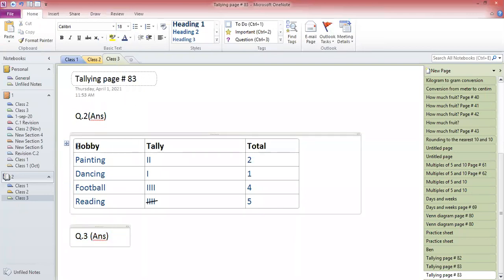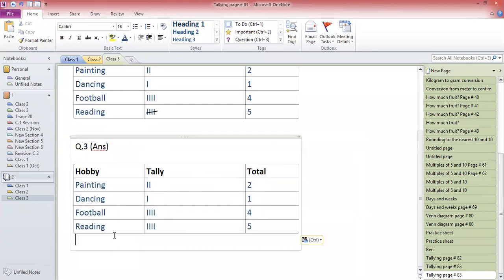Instead of hobby, you will write here number of children. Okay, here tally, here total.